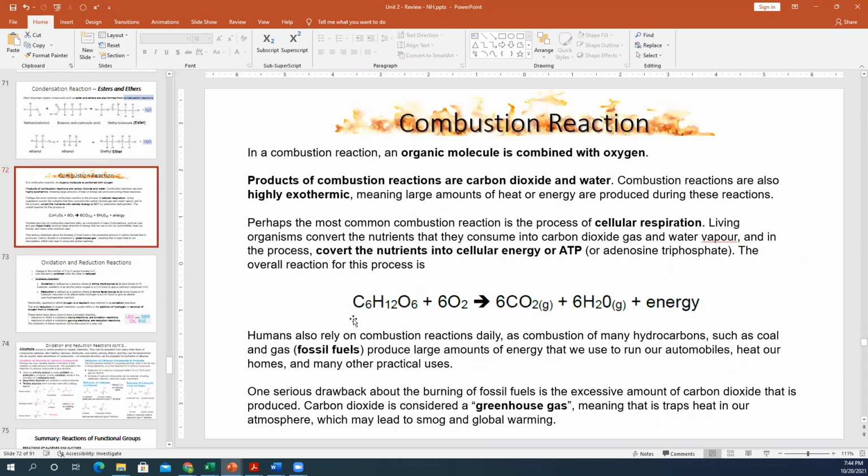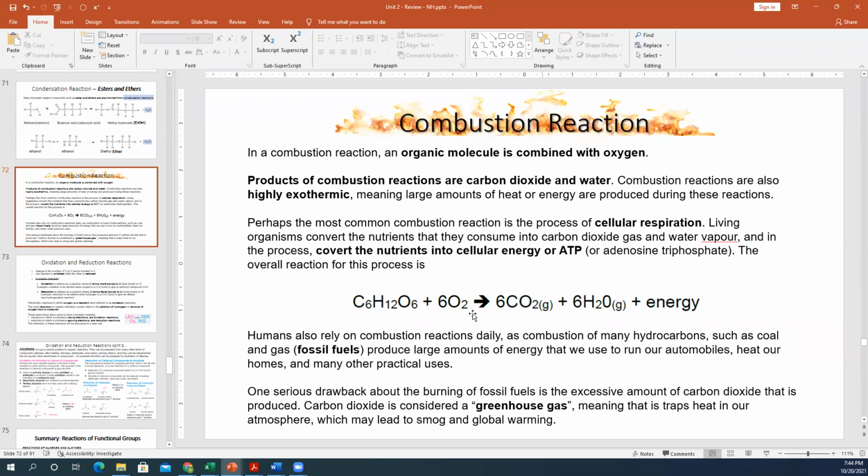Okay, combustion reactions. I noticed again from the key questions, and I really tried to emphasize it in today's lesson, what combustion reactions are. What I really want everyone to understand is that in combustion reactions, whatever is reacting, it's reacting with oxygen and it's going to carbon dioxide and water and energy, of course.